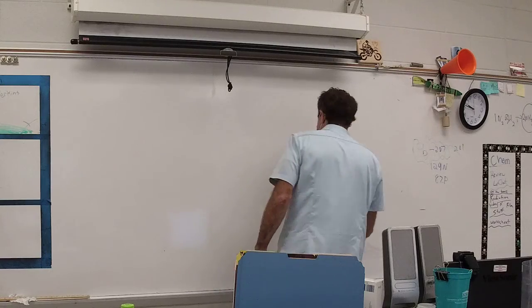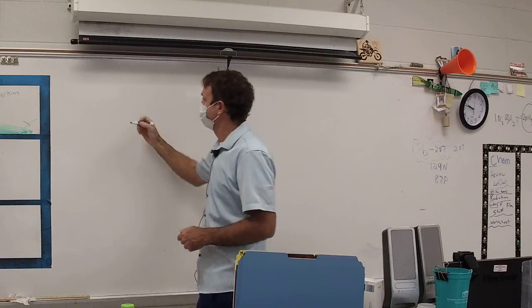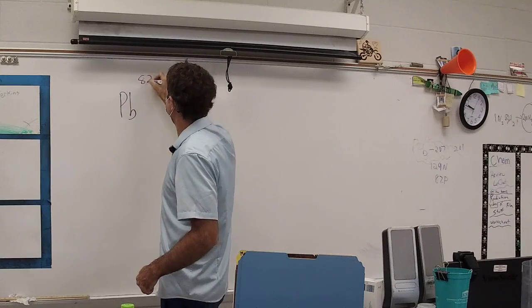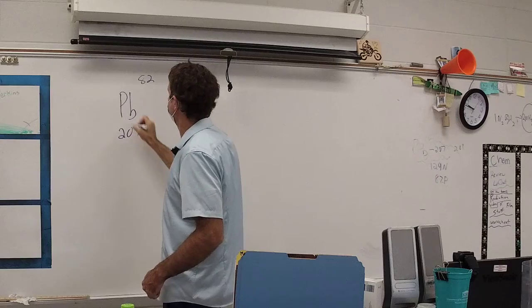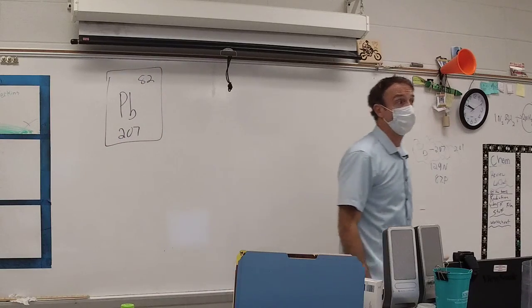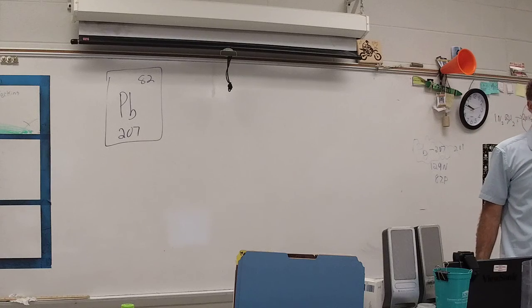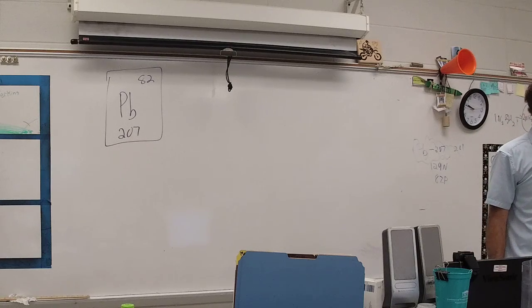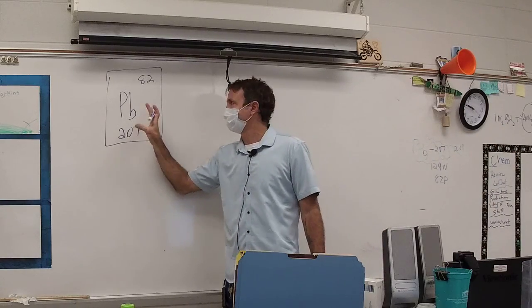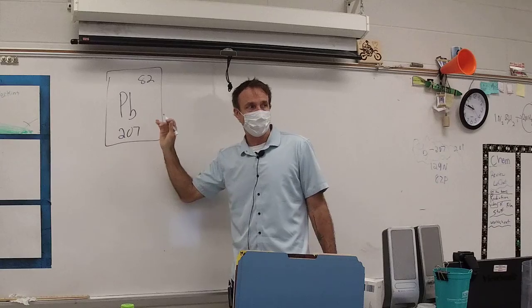Normally, lead looks like this. Pb is number 82, and normally it weighs 207, and there is your normal card for lead, right? That's the normal lead that's on the periodic table. Does that make sense? What if we had an atom of lead, and this is a very stable lead atom, by the way.